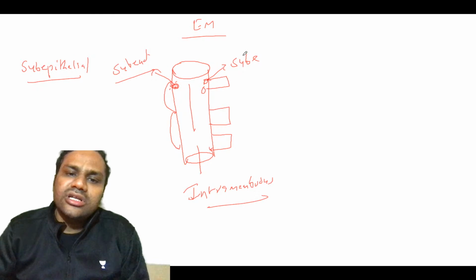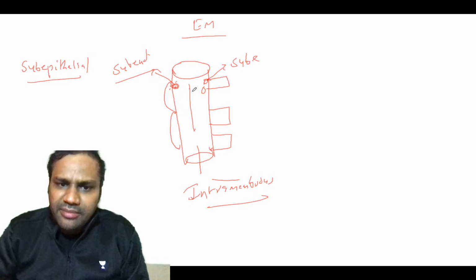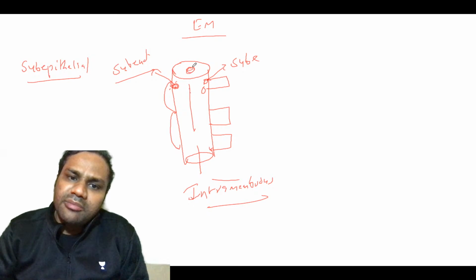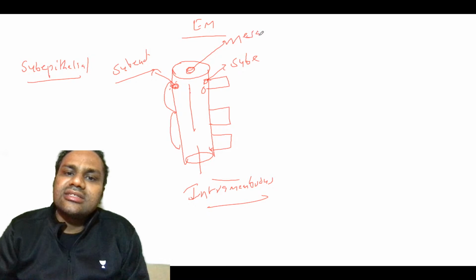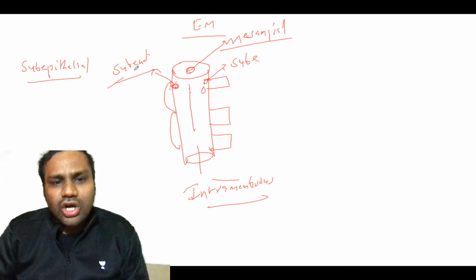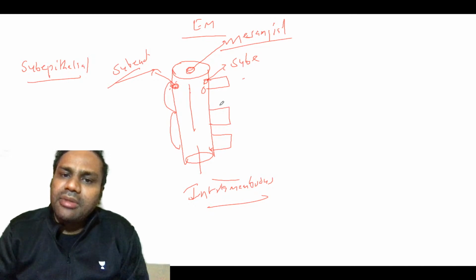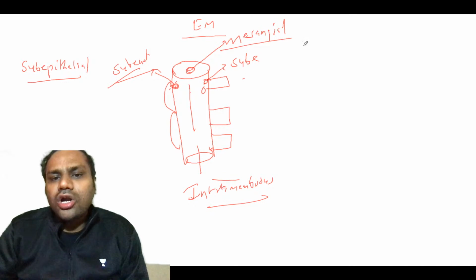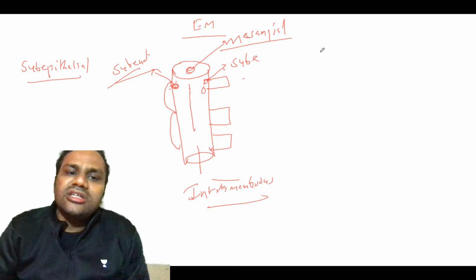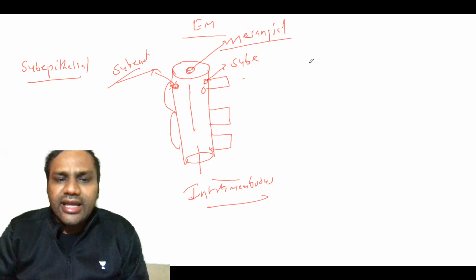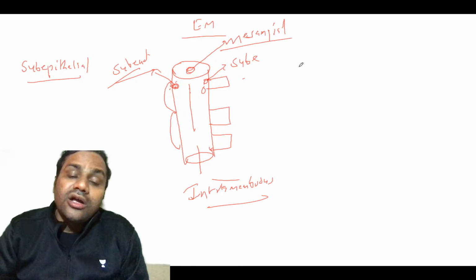There can also be deposition in all three regions, and there can be mesangial deposit. So these are the different types of deposits you get in electron microscopy: subendothelial, subepithelial, intramembranous, mesangial, or a combination.